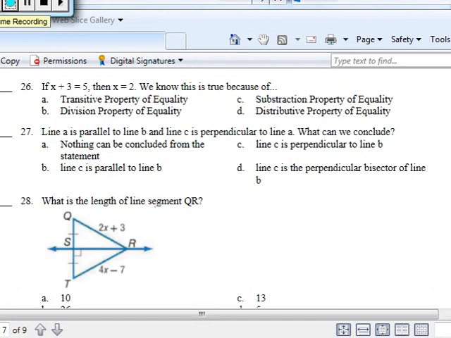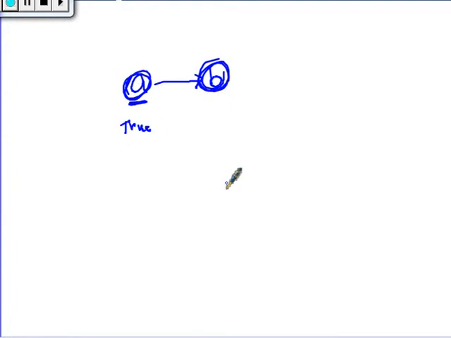Next problem tests you on your different laws or properties of equalities. It says if x plus 3 equals 5, then x equals 2. We know this is true because of, Trey, what do I do to get rid of that plus 3? What am I going to do to move that plus 3 over? Solve this equation for me. X plus 3 equals 5.